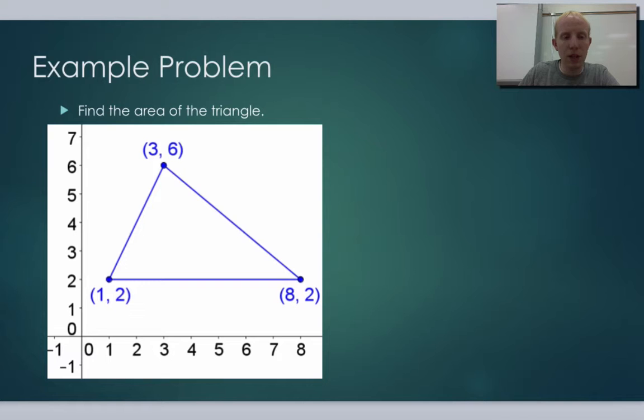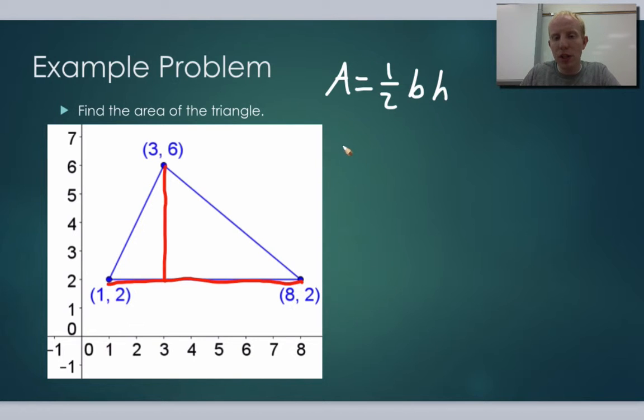Okay, so what we want to find is this height right here that describes the triangle and this base right here. Okay, once we have those two lengths, the area is very simple. It's just equal to 1/2 base times the height. So the question is, we know the formula, that's easy, it's finding these values. Okay, so what we need to do is use these points to figure out the values.